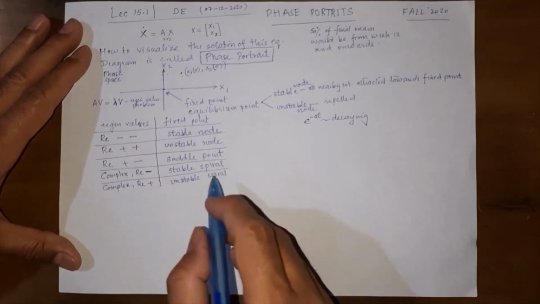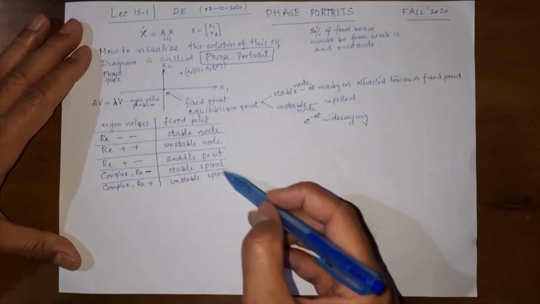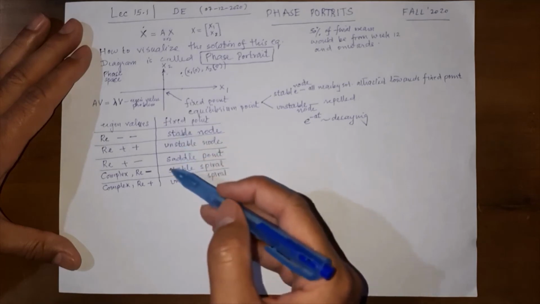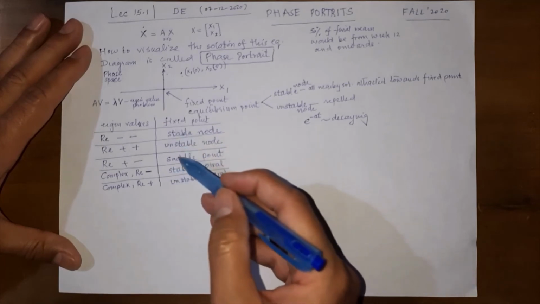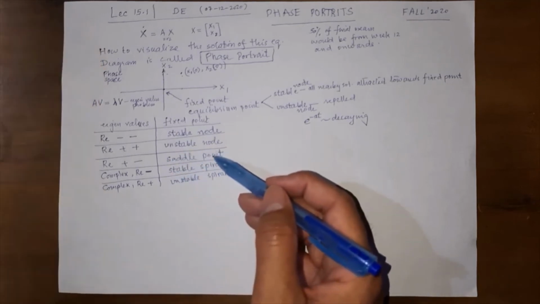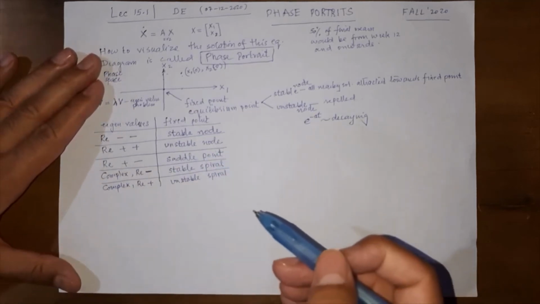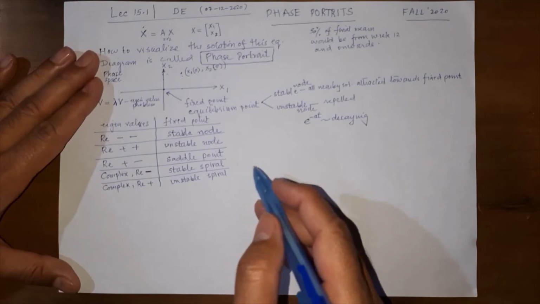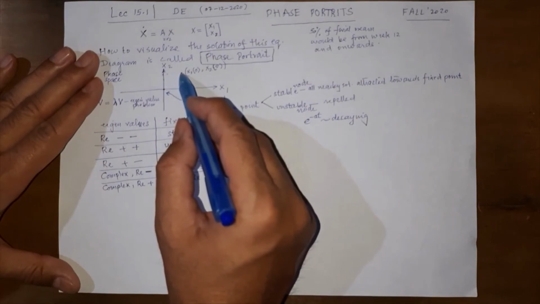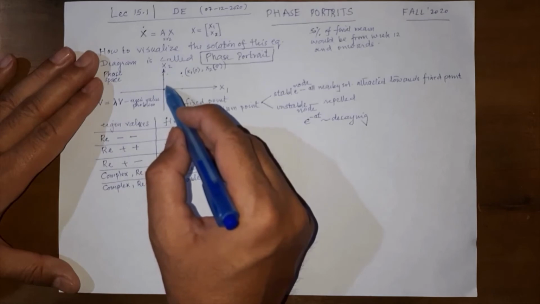So you see, the fixed point can either be a node or a spiral or a saddle point, and can be stable or unstable. A saddle point is not stable or unstable because by its very nature it is stable in some sense and unstable in some sense. We will look at that. If the trajectory starts from here and goes into the fixed point, it is a stable system.